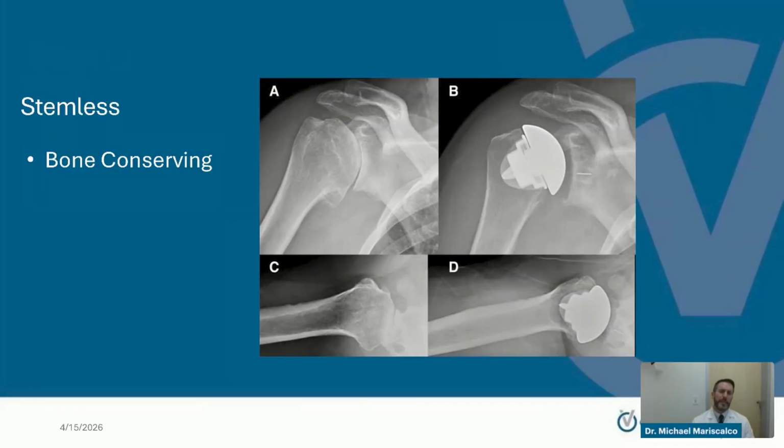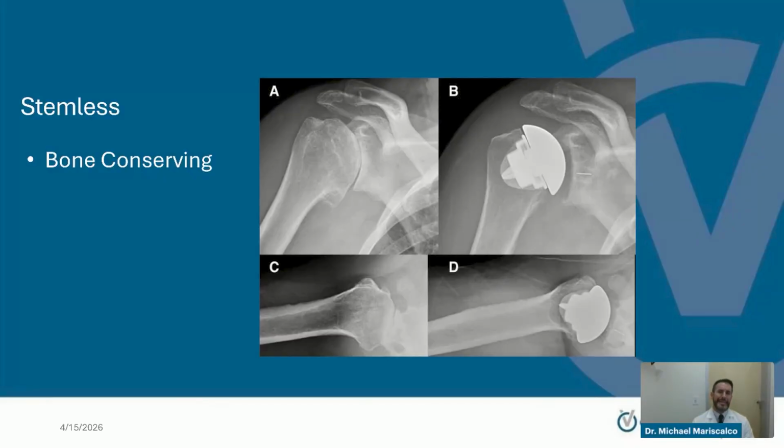So these are several pictures of a stemless humeral or a stemless anatomic shoulder replacement. I think one main feature is it's a bone conserving option. Traditionally, as several of the prior images have shown, these used to require a long stemmed component down the humeral shaft. With this newer design, that obviates the need for having to use that.